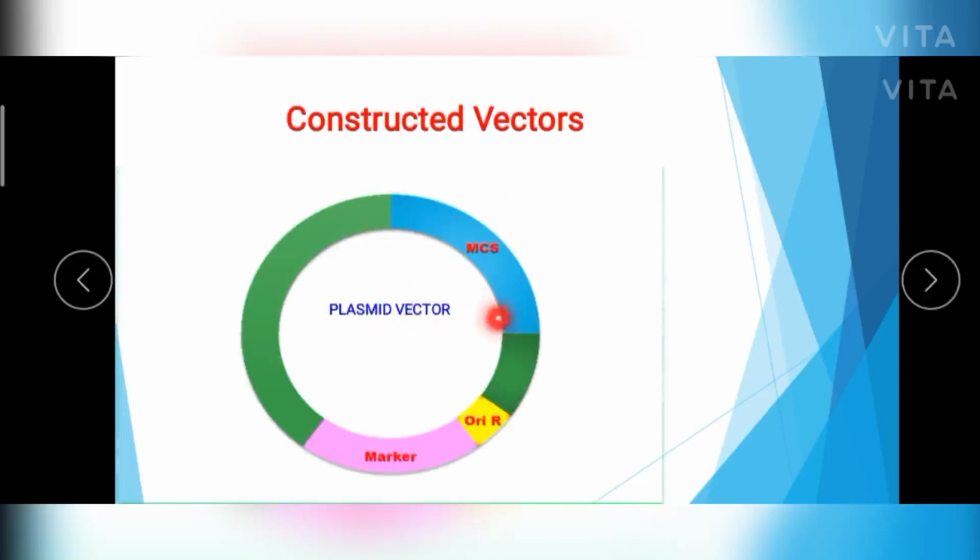The multiple cloning site is taken from one plasmid, then the replicon is taken from another vector, and the marker genes, this particular portion, are taken from another vector. Like this, different fragments are taken from different vectors and joined to form a constructed vector.